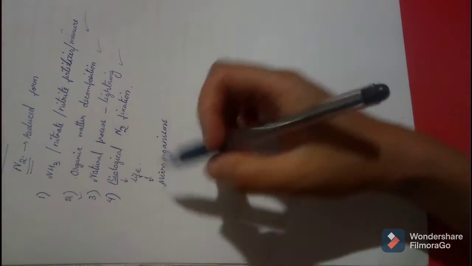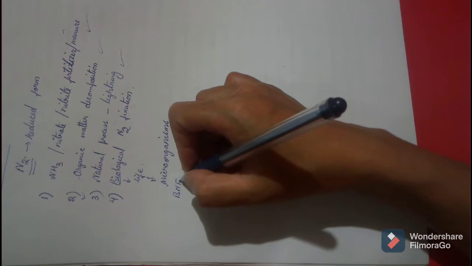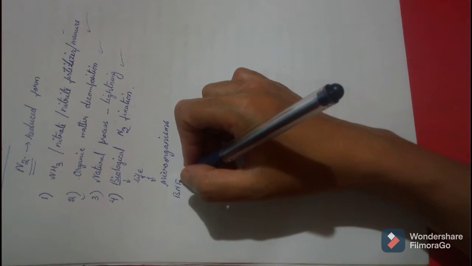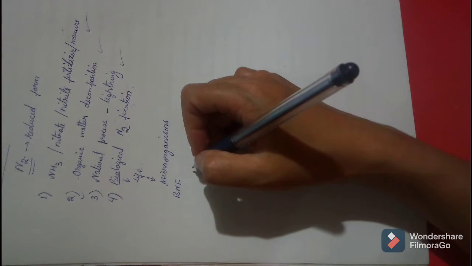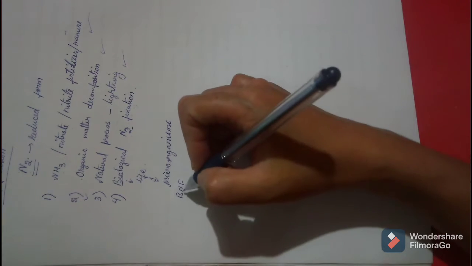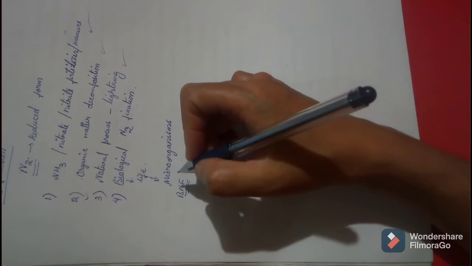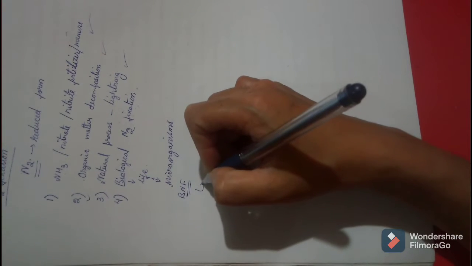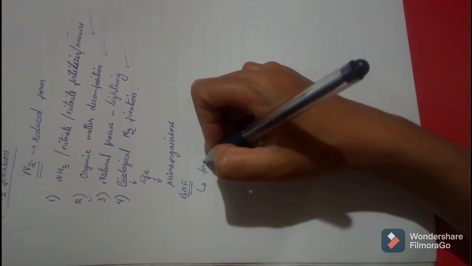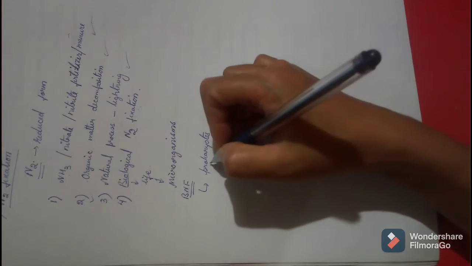Now, biological nitrogen fixation, I will just write in short as BNF, okay? It was discovered by the scientist Beijerinck in 1901. It is found that this biological nitrogen fixation is carried out by a specialized group of prokaryotes, the prokaryotic organisms.